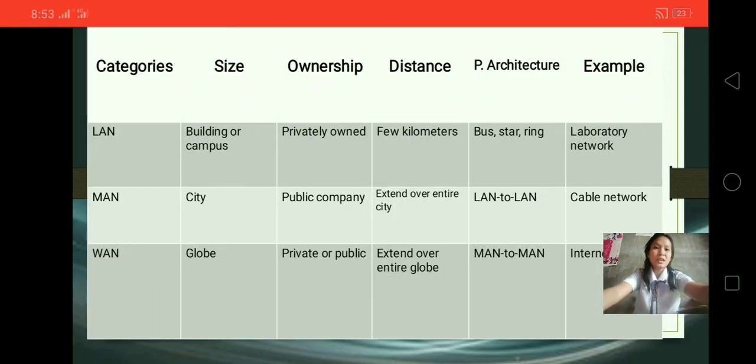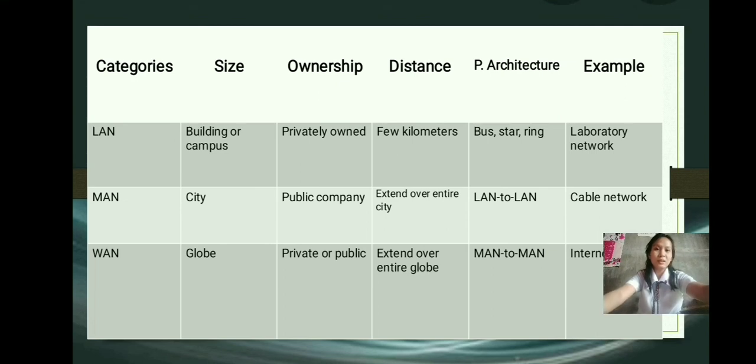So here we can see that the LAN, under size, is a building or campus, privately owned, a few kilometers, for example a school laboratory network. The MAN covers a city or a town, that is its coverage. In ownership it is a public company, in distance it extends over an entire city, LAN to LAN, for example a cable network.